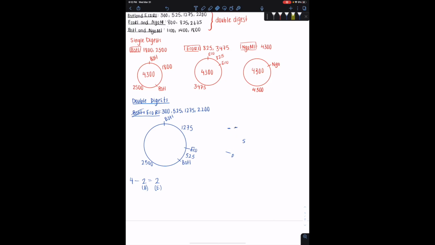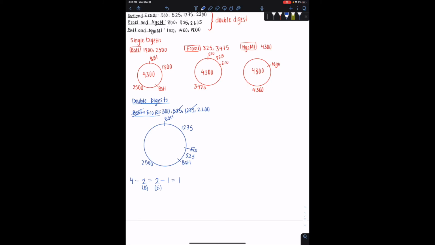I'm just going to erase this real quick. And now we made another cut, so we have 1 more cut left that needs to be done by ECO. So we could just add up the numbers that we didn't use. Since we already used 525 and 1275, we could take 300 and 2200. If you add those together, it conveniently adds up to 2500.